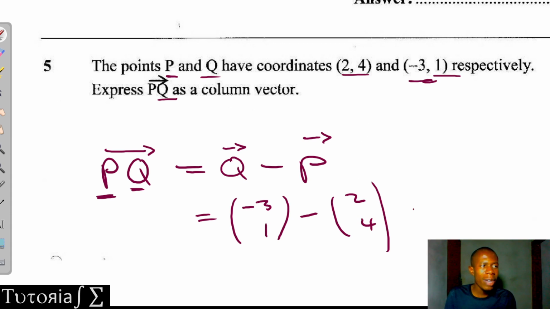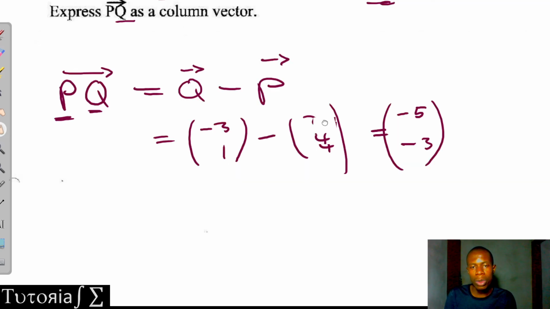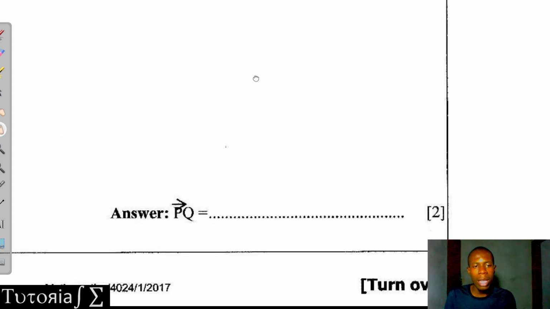So we simplify this, so we subtract, so it will be -3 minus 2. So -3 minus 2, that is -5. And 1 minus 4, that will be -3. Okay, and you're done.